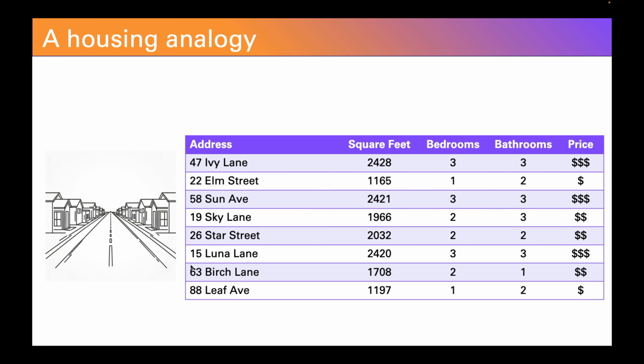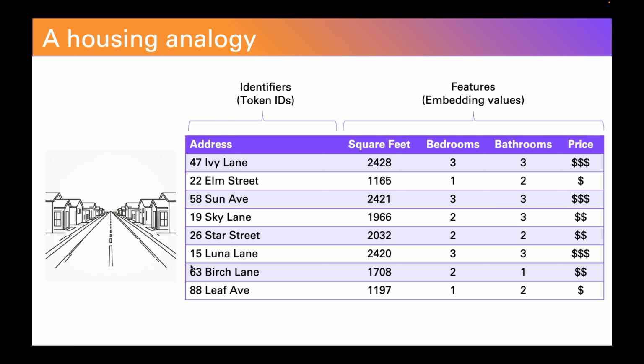You're probably already used to multiple dimension data all around you. Let's suppose, for example, you're looking for a house to rent. Well, the addresses are kind of like our token identifiers. They'd tell you where to find the house. But what you're really interested in are the features of each property. So its square feet, its number of bedrooms, its number of bathrooms, and its price. Those would be like our embedding values.